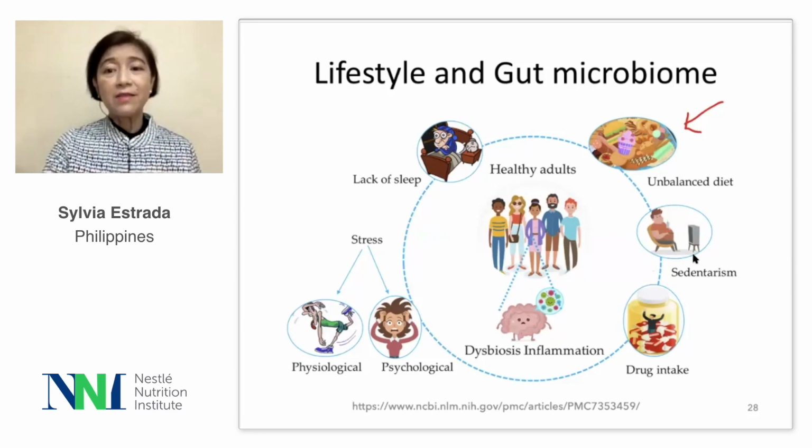If you have an unbalanced diet, a sedentary lifestyle, no exercise, unnecessary antibiotic use, unresolved stress, and irregular sleeping habits, these healthy adults will become unhealthy adults because of an ongoing subclinical inflammatory response that is causing their gut to change in its diversity and its spectra. Because of this change in gut microbiota, there is a dysbiosis that is causing this inflammation. Hence, this lifestyle transforms this initially healthy individual to an individual that is now going to be prone to the non-communicable diseases.